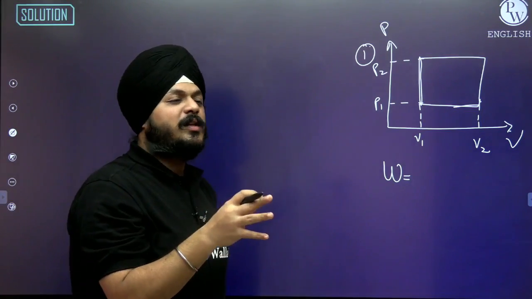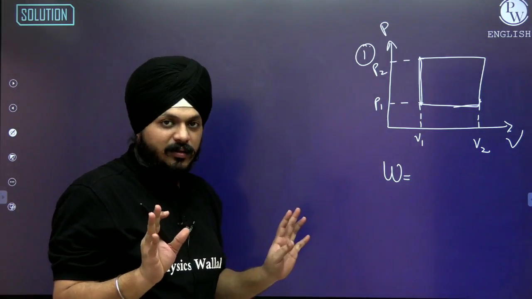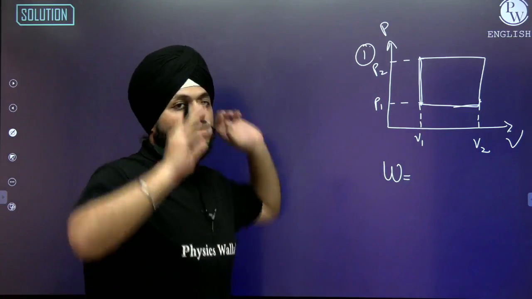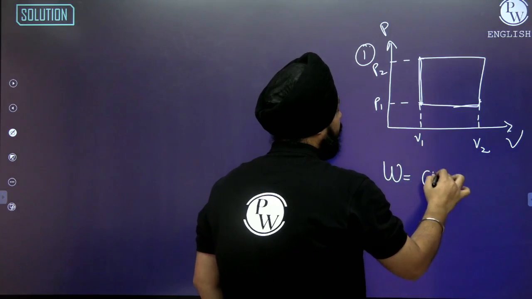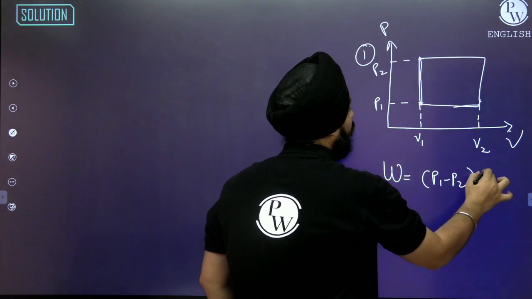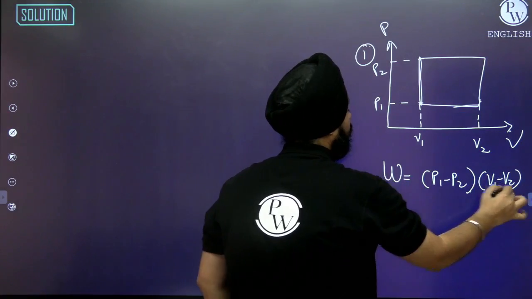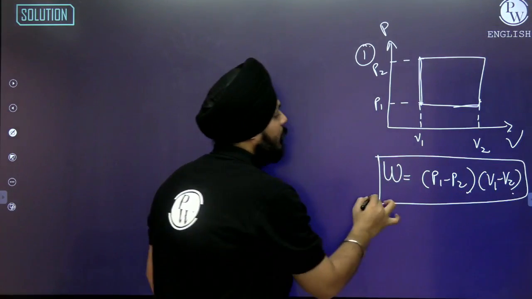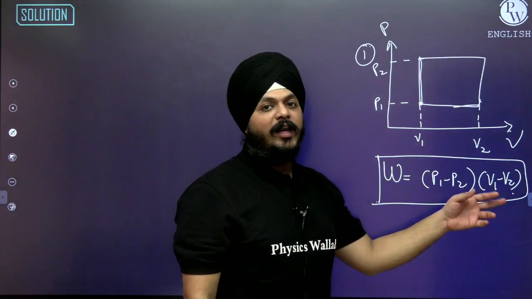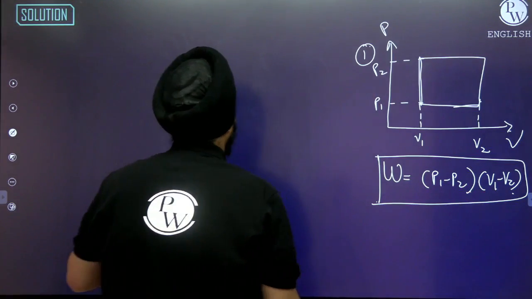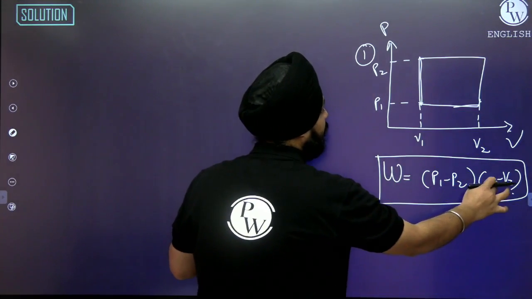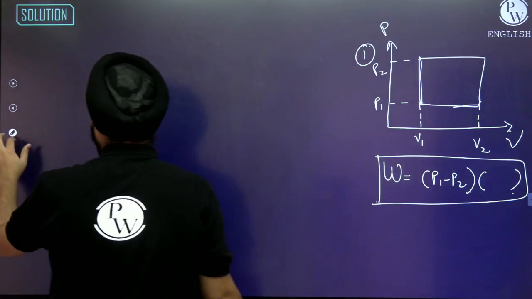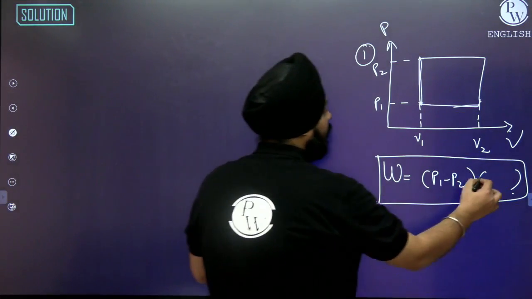Everything will be mentioned. Right now we are moving on with the shortcuts. So this work done will be length into bracket P1 minus P2. If we replace those values, it will be V2 minus V1 into P1 minus P2. Right? Okay.